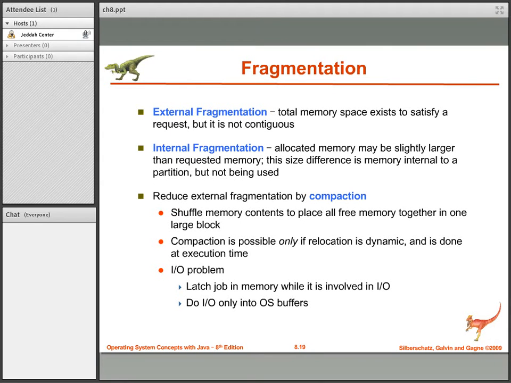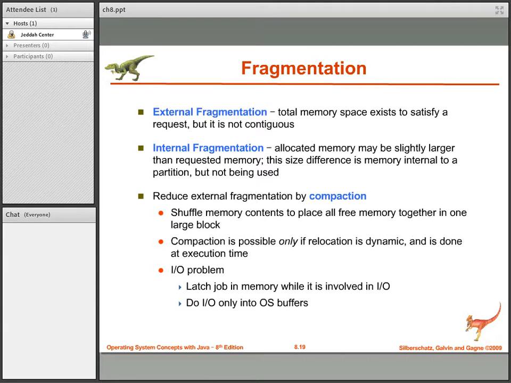We talked in previous slides about the holes. What happens if you have scattered holes, a large number of them, but not enough, not a single one of them is enough to accommodate a new request?